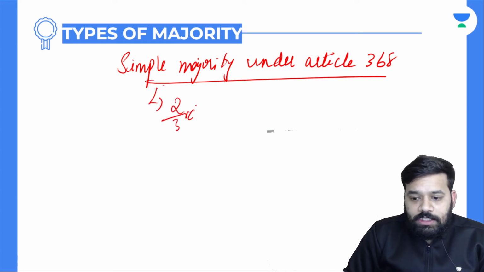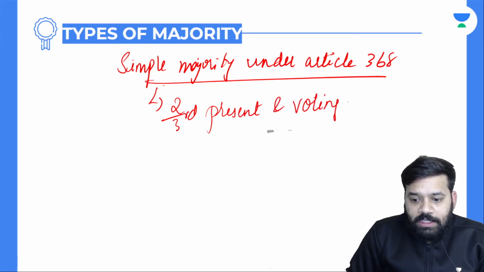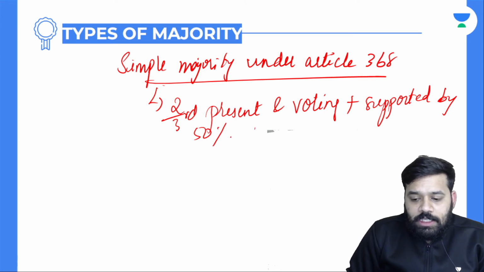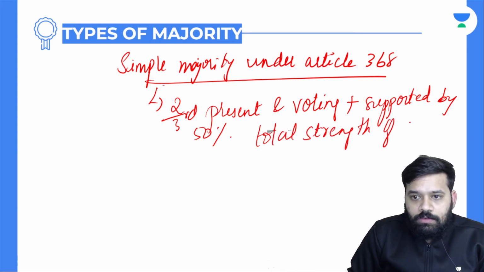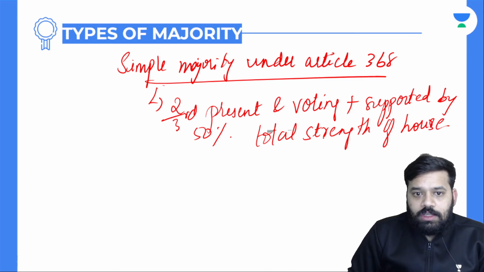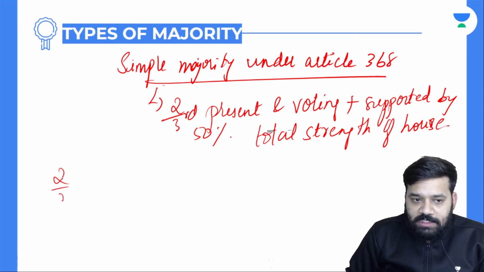It is two-third present and voting, plus supported by 50% of the total strength of the house. So in this case, let us say two-third present and voting plus 50% strength of the house.